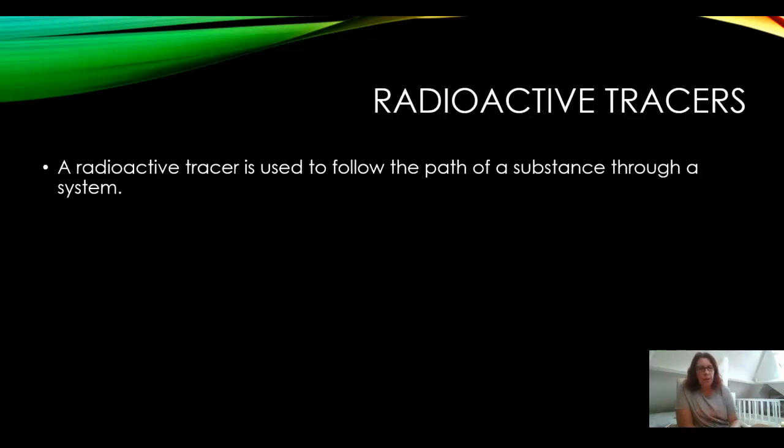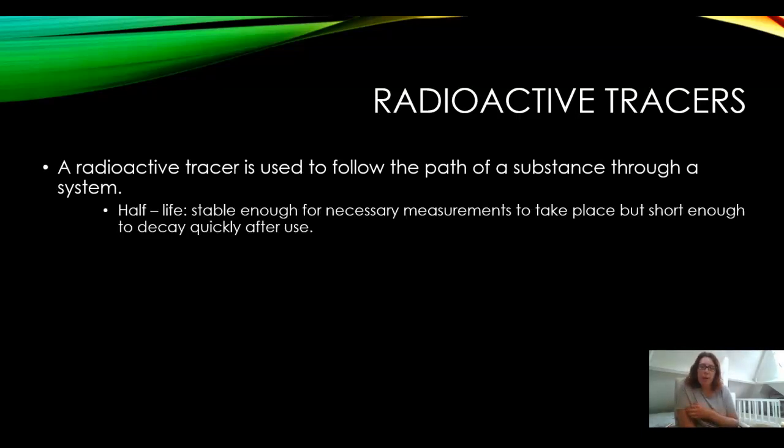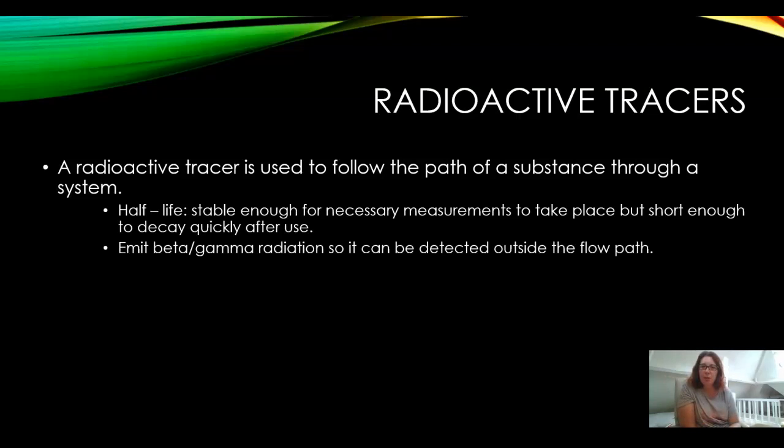There's loads of information about radioactive tracers in the book. A radioactive tracer is used to follow the path of a substance through a system. Its half-life has to be stable enough for the necessary measurements to take place, but short enough to decay quickly after use. It must emit beta or gamma radiation, so it can be detected outside the flow path.